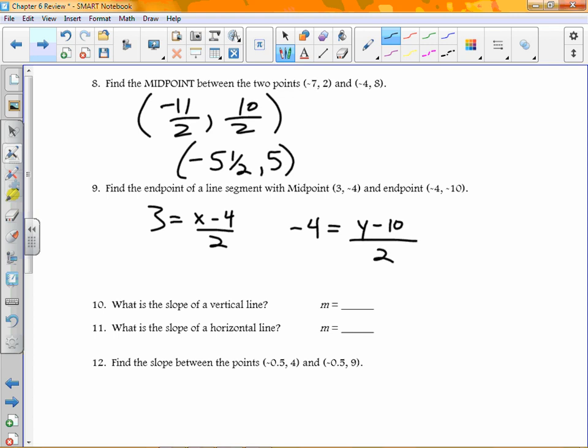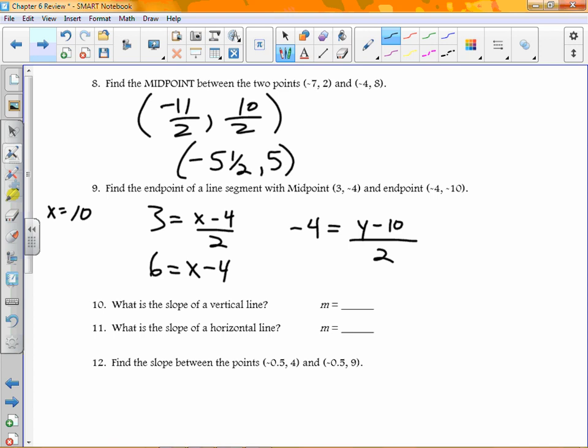Now, the thing that I would do is make sure when you get finished to go back and check it. So what's x? 10. If x is 10, watch. x is 10. 10 plus negative 4 is 6. 6 divided by 2. Look, it works. The midpoint is 3.